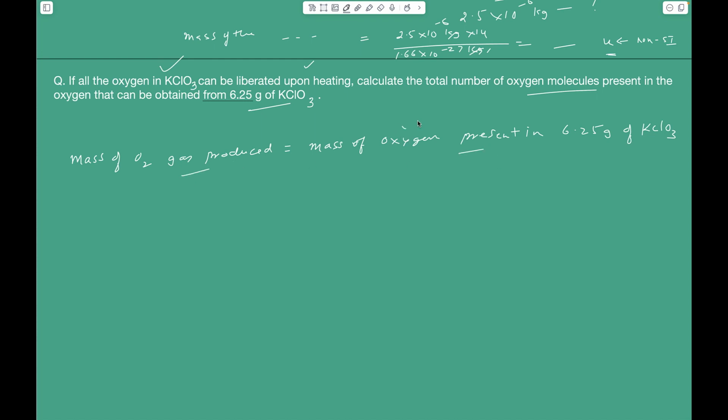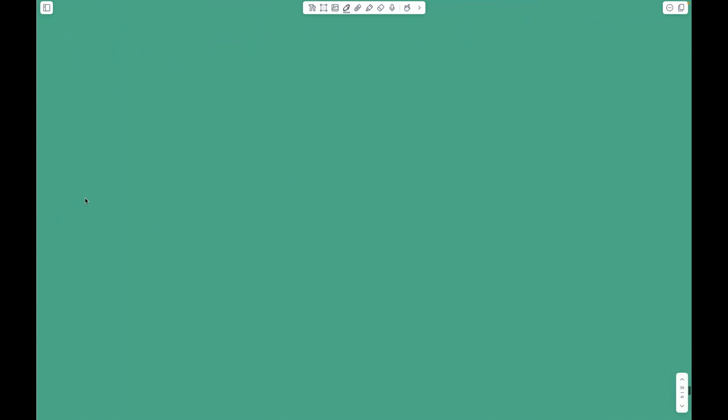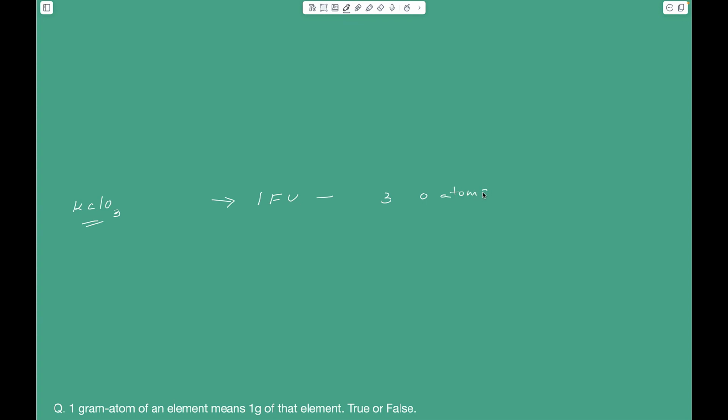How do we figure this out? See, potassium chlorate is an ionic compound and this is its formula. From this formula, we understand that in one formula unit of this compound, there are 3 oxygen atoms. That is obvious, right?